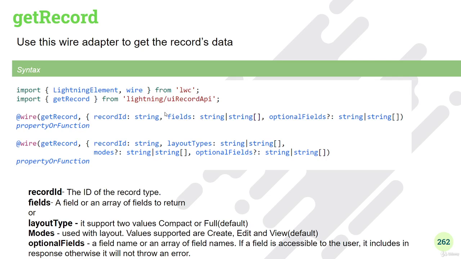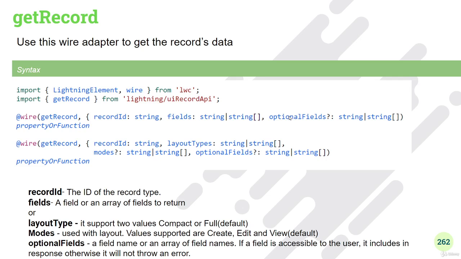When we try to fetch the record and the logged in user doesn't have access to the age field, immediately this wire service throws an error. But if you are not sure whether the user has access or not, then you pass that field as optional. So when we call it in the optional fields, it checks whether the user has access or not. If it has access, it will return the data. If not, it will ignore it, but it will not throw an error. So that's where we use optional fields.